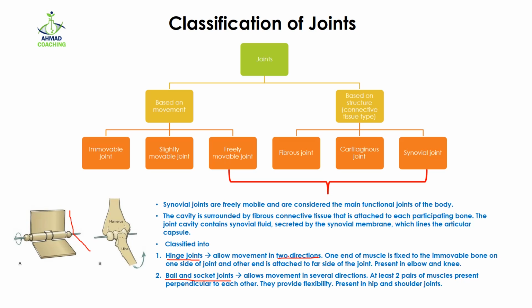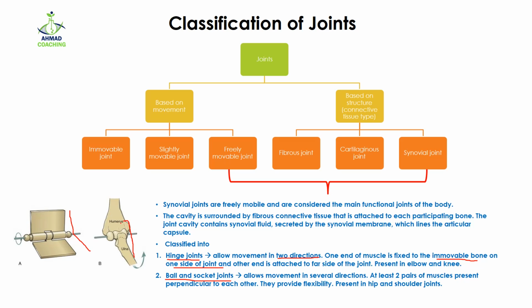In this case, one end of the muscle is fixed to an immovable bone on one side of the joint, while the other is attached to the far side of the joint. For example, this is our immovable bone. So here we have one muscle at the joint, while the second part of the muscle is far from the joint.